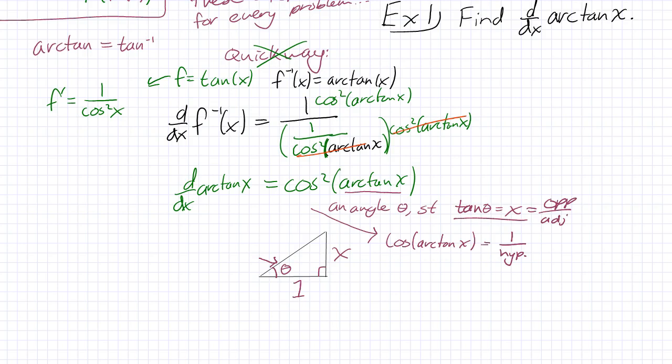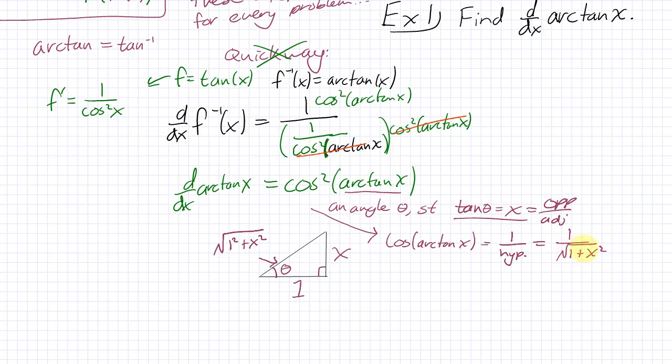So what is the hypotenuse? Using the Pythagorean theorem, it's the square root of 1 squared plus x squared. So cosine of this angle is 1 divided by the square root of 1 plus x squared. And so that's what cosine of arctangent of x is.